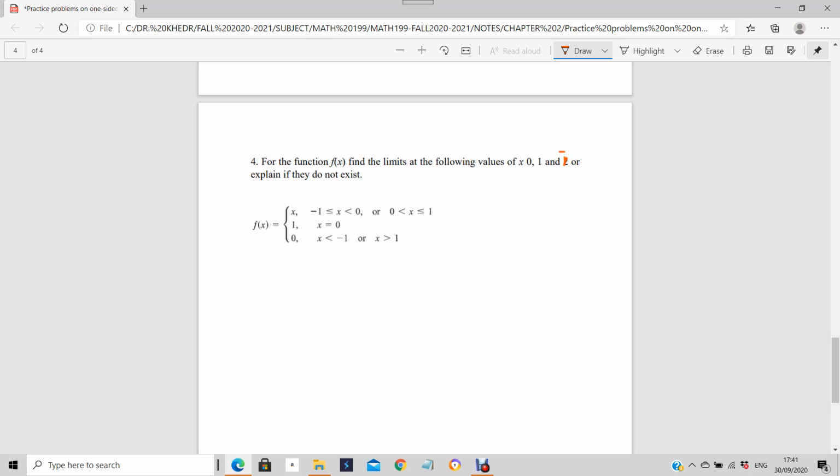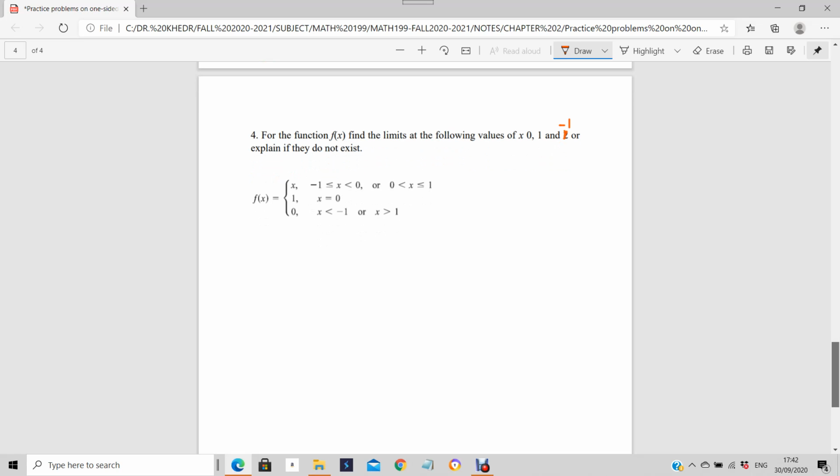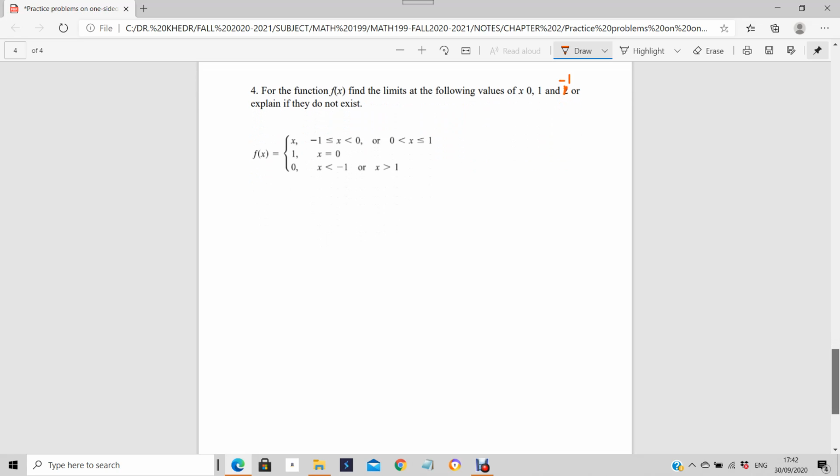So this is minus 1. So we have to find the limit at x equals 0, at x equals 1, and at x equals minus 1, analytically by using the equations. So try to solve this at home. If you cannot, then we can discuss it in the class.